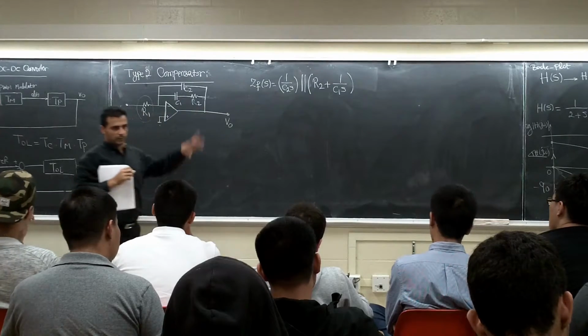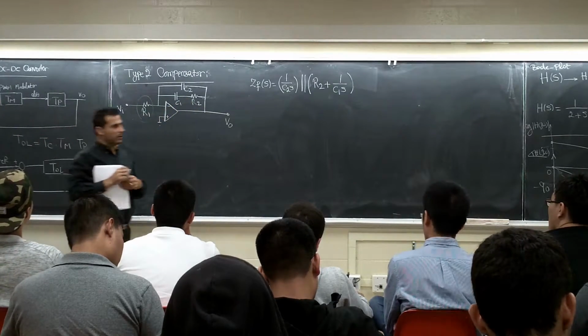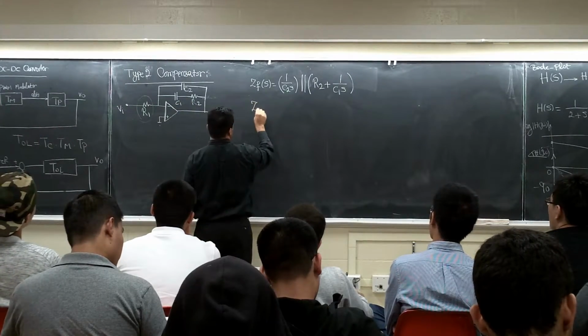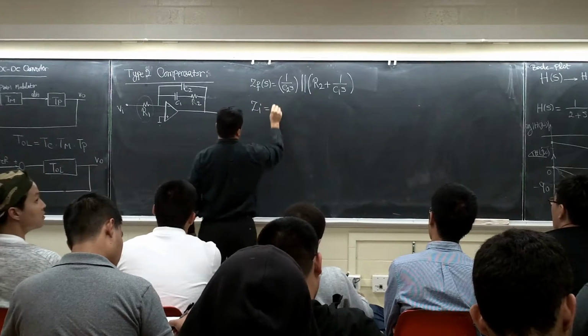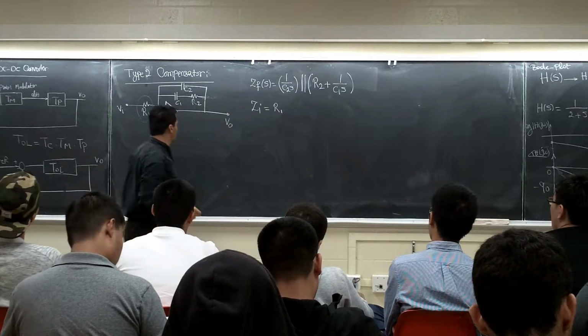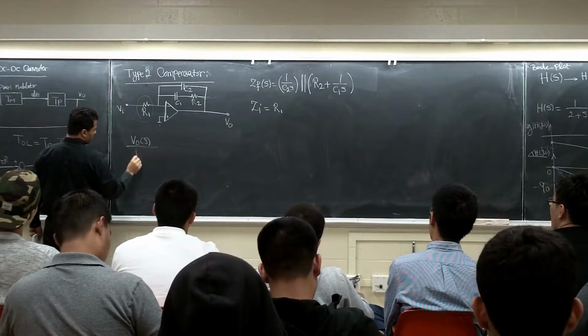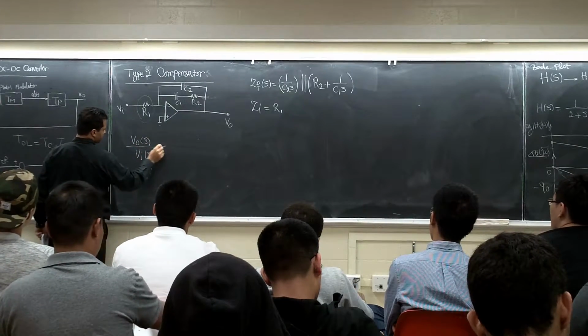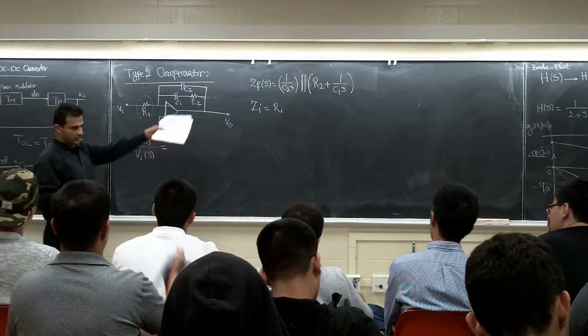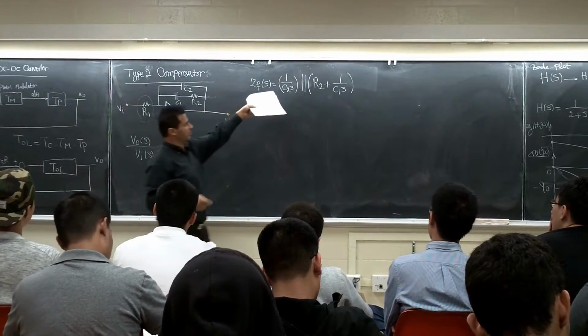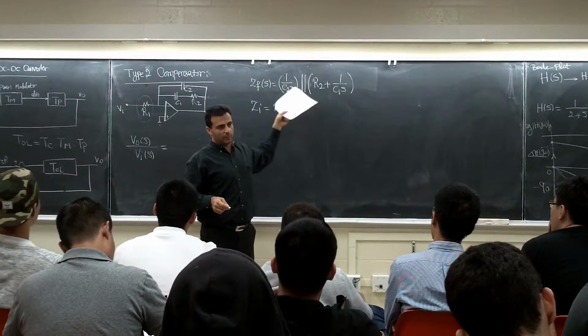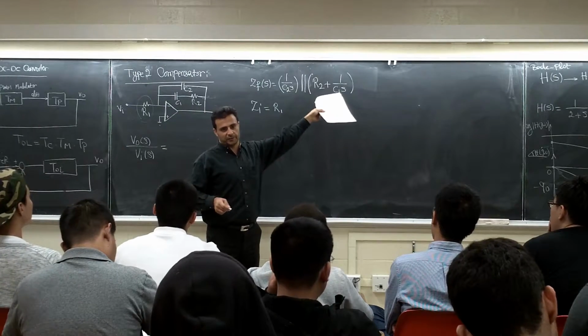That's ZF. And how much is ZI? Then VO(s) over VI(s) is going to be this one times this divided by this one plus this, right?